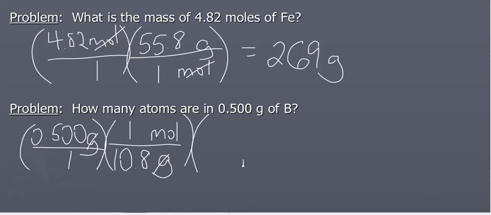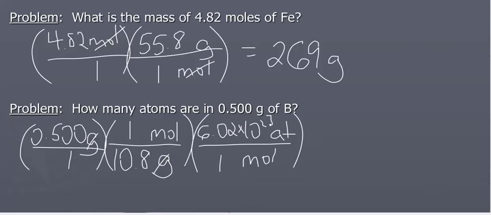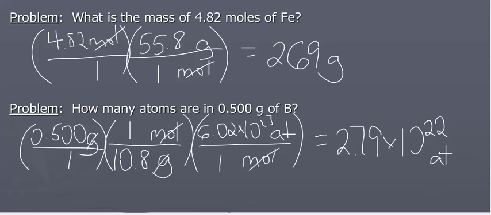Once I'm in moles, I'm looking for atoms, and since boron is an element, the number of atoms in a mole is 6.02 times 10 to the 23rd. 0.5 divided by 10.8, and then multiply by the 6.02 times 10 to the 23rd. So the number of atoms in 0.5 grams is 2.79 times 10 to the 22nd boron atoms.